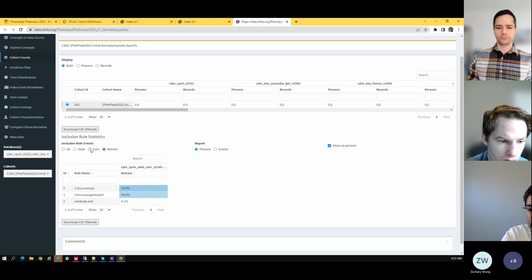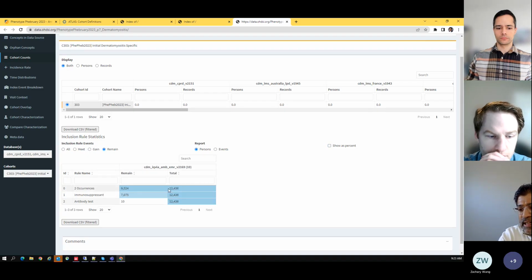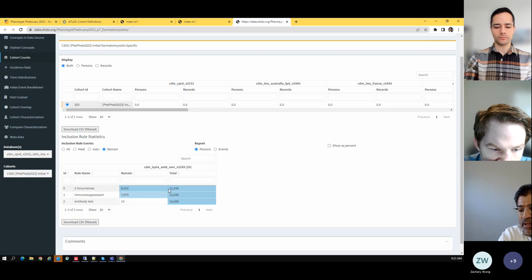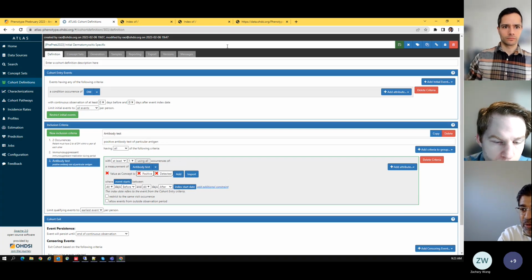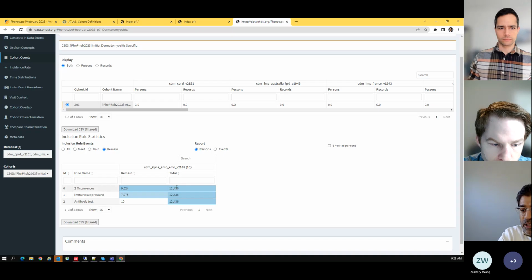In terms of attrition, of all the people I'm going to show with this one, there were 12,436 individuals who met the entry event criteria. That means they met this criteria. But when we apply the 2 occurrences, immunosuppressant and antibody rules, the attrition dropped.